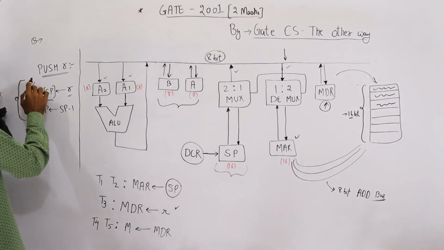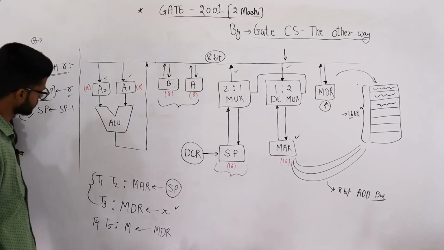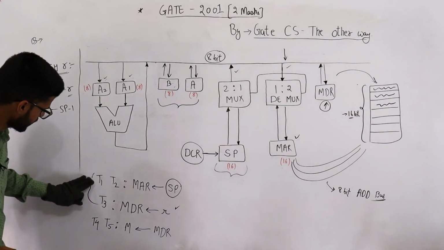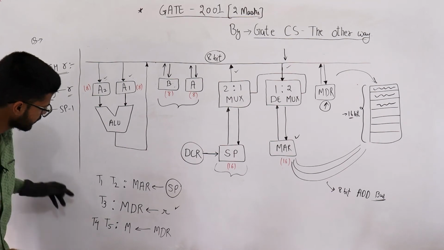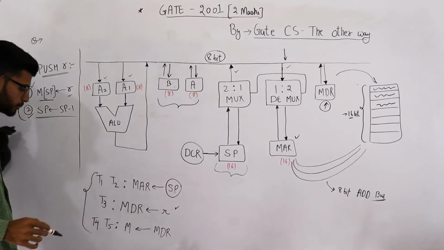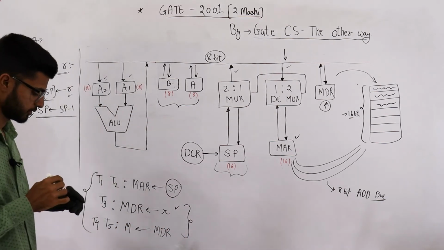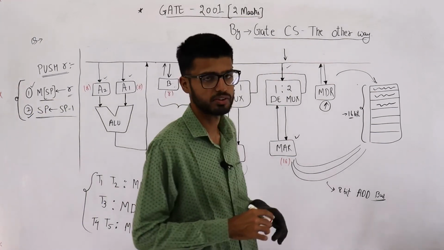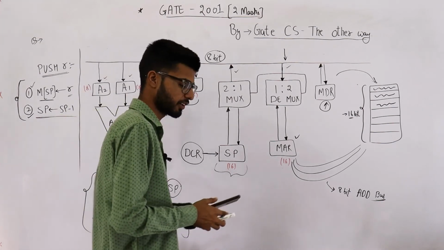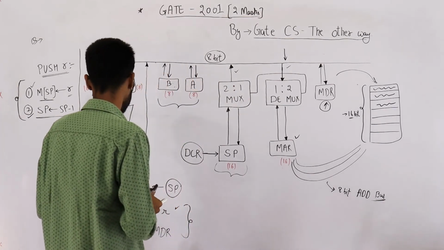The first operation takes 5 cycles, and the second operation, decrementing SP, can happen anywhere from T3 to T5. So your answer to this question is 5 clock cycles. Let me see the options if 5 is present. Yeah, it's D part. So the answer is D part, 5 clock cycles.